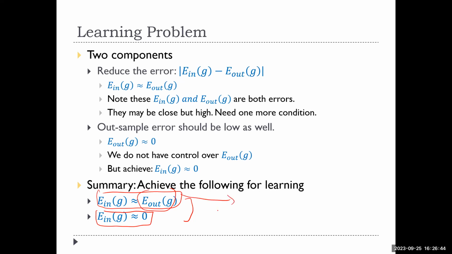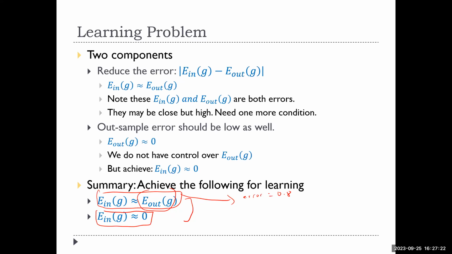If you just use the first one, if you just say the error in sample should be the same as the error out of sample, or the error for training should be the same as the error for test, then you could have a very high error, like 0.8. That is too high for an error. It means your algorithm works badly for training and badly for testing.